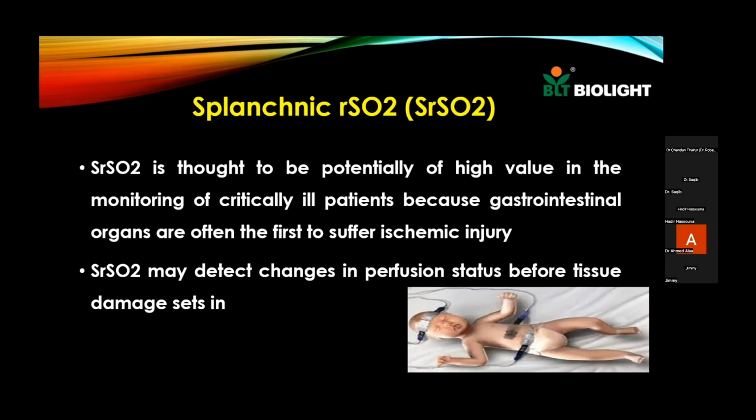So it is very important to use splanchnic regional saturation. Unfortunately, it is not in widespread use. Also, splanchnic regional saturation may detect changes in perfusion status before tissue damage sets in. So just a decrease in perfusion will give an idea that damage is coming.